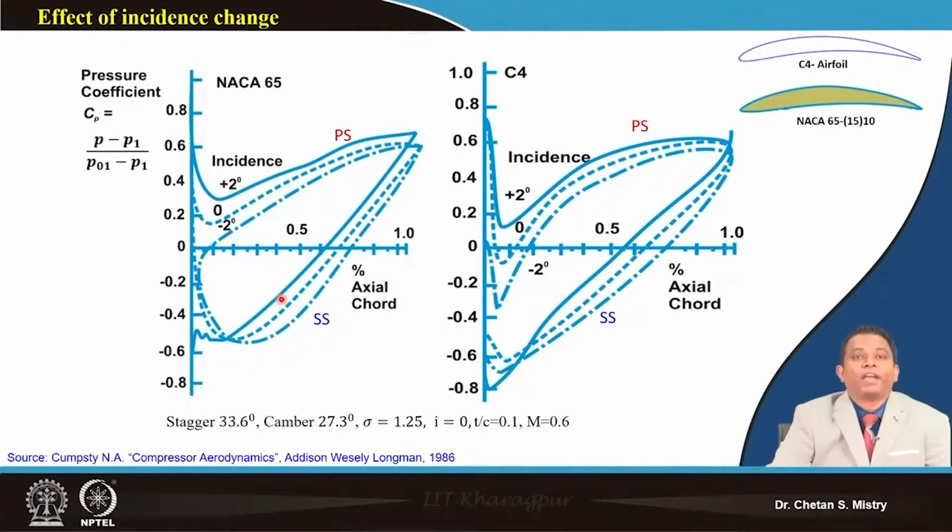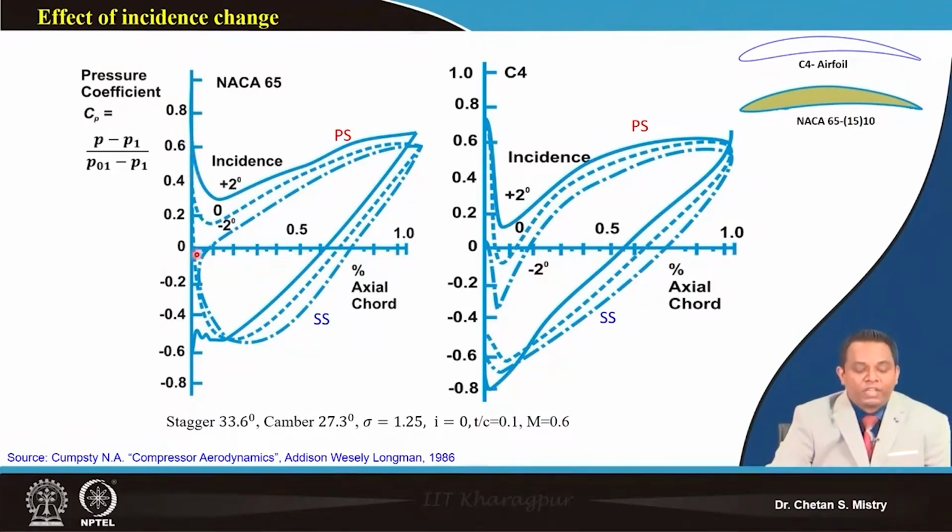Now suppose I change my incidence angle. Recall, as I told, this data is captured using a linear cascade tunnel. So in this case at the entry my flow angle is changed such that I have positive incidence angle. When we have positive incidence angle, the acceleration on the pressure surface is comparatively low.